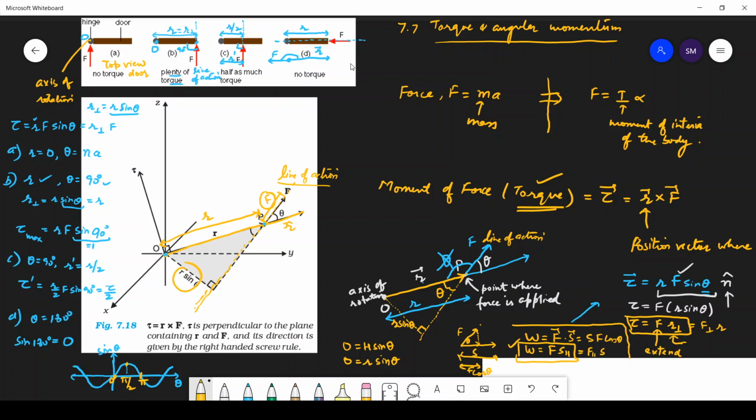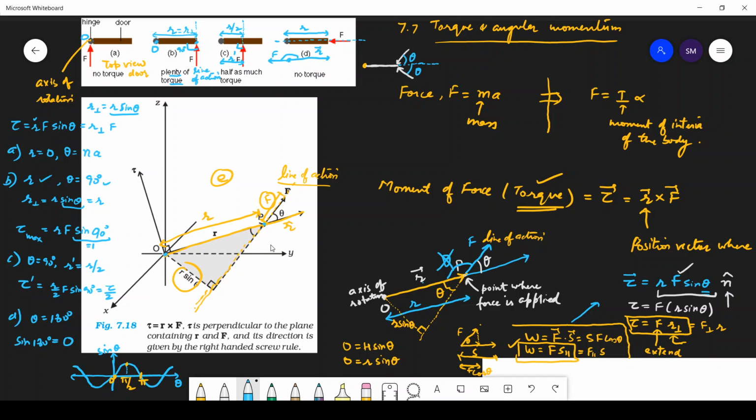Okay. There can be one more case, that is case E, which is there over here. Means this is your hinge and this is your door, and now you are applying the force, means here in this direction or here in this direction. So in both the cases this angle will be theta or this angle will be theta.